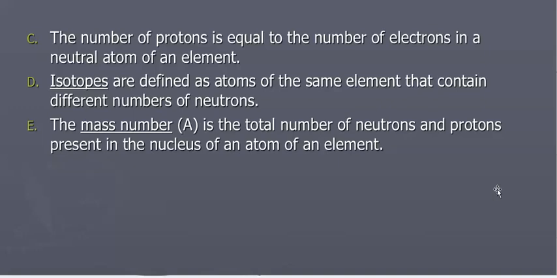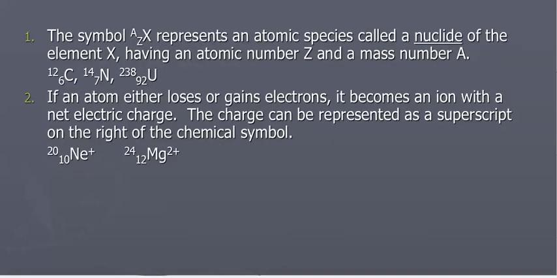Isotopes are atoms of the same element that contain a different number of neutrons. We'll give the mass number the symbol A, and that's the total number of neutrons and protons present in the nucleus of an element. The symbol with A on top, Z on the bottom, and X represents what we call a nuclide. That nuclide will tell you the mass number, the atomic number, and the chemical symbol.